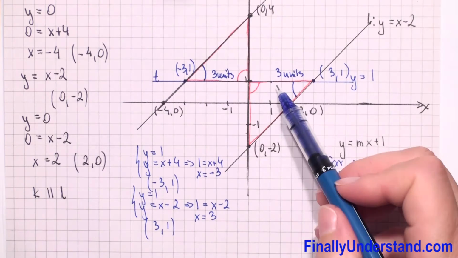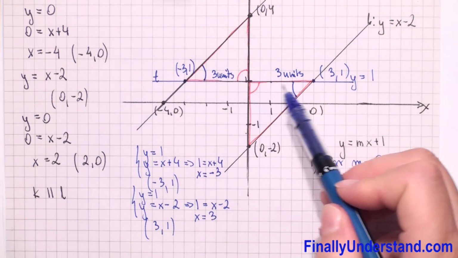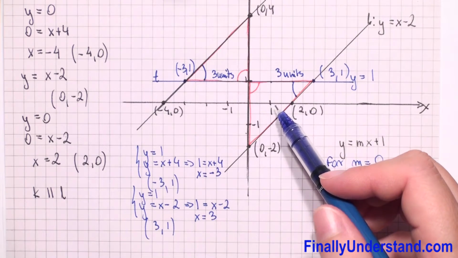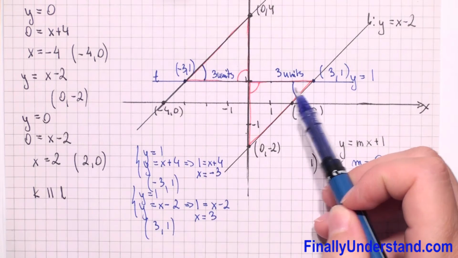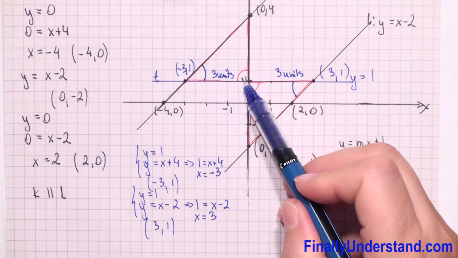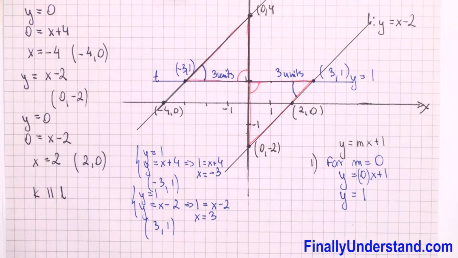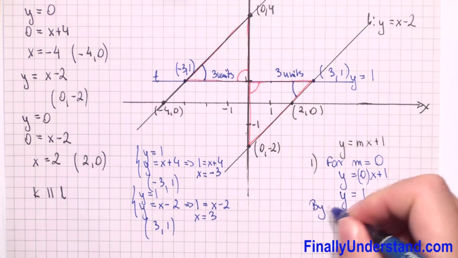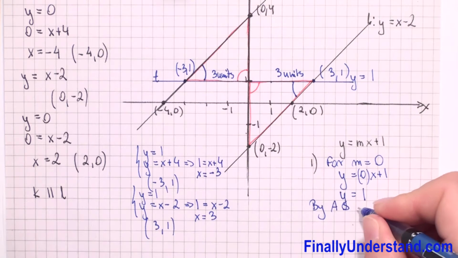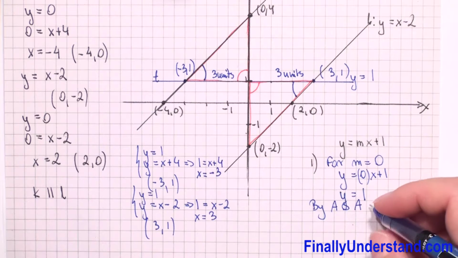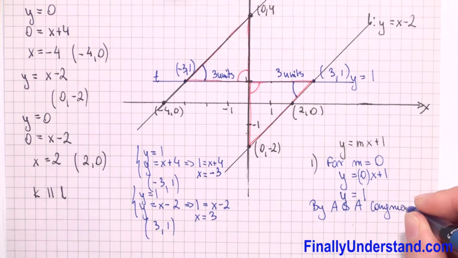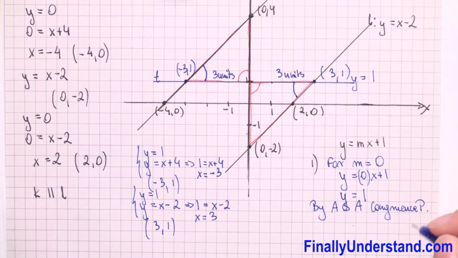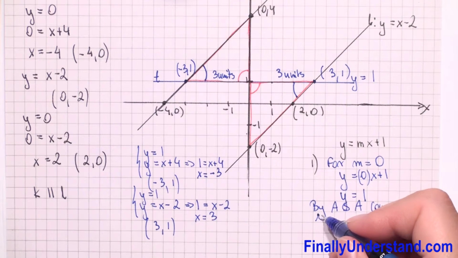It means that these two sides are congruent, and the angles between these sides are congruent too. So we can write that by the angle, side, angle congruence postulate, the triangles are congruent.